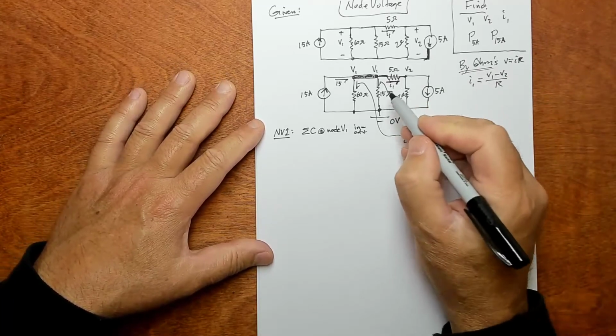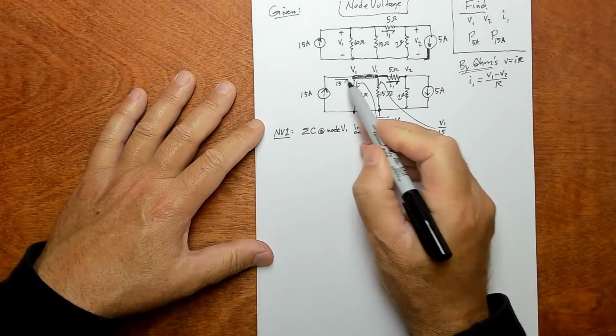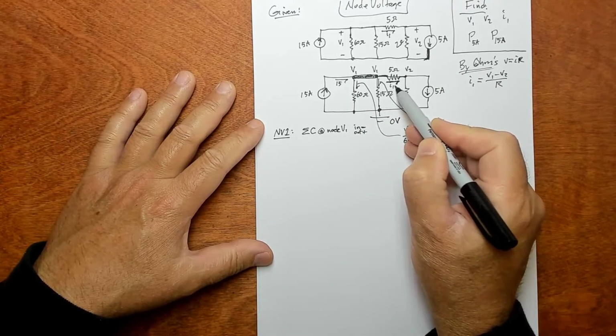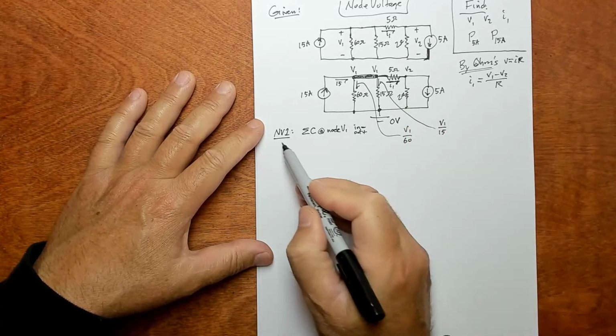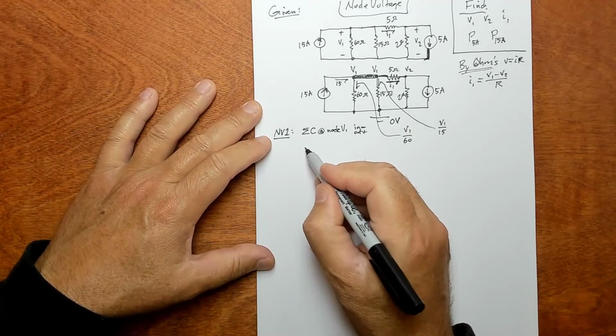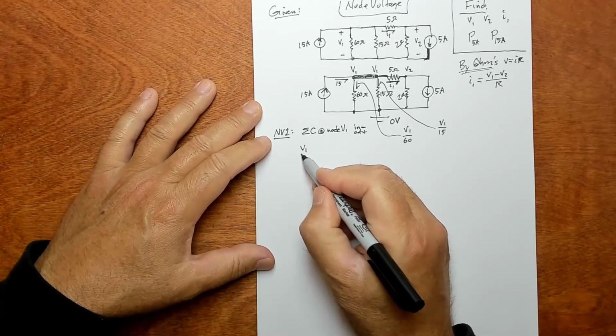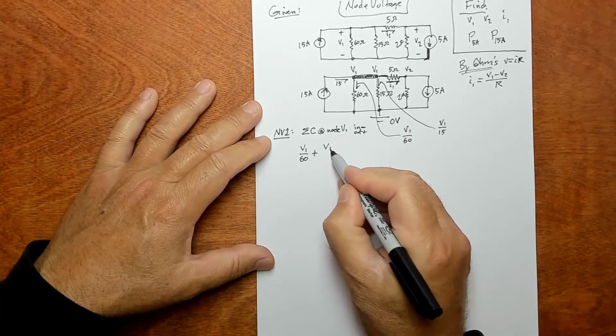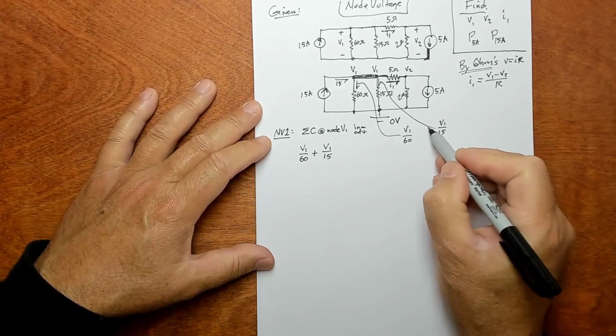All right, so I've got this 15 coming in, and I've got this current coming out, this current coming out, and this current coming out, I1, which I already have an expression for. So I can write node voltage 1. I have V1 over 60 coming out, this guy, and I have V1 over 15 coming out, this guy.